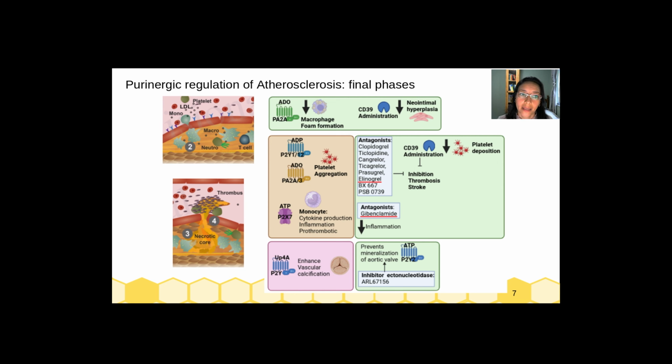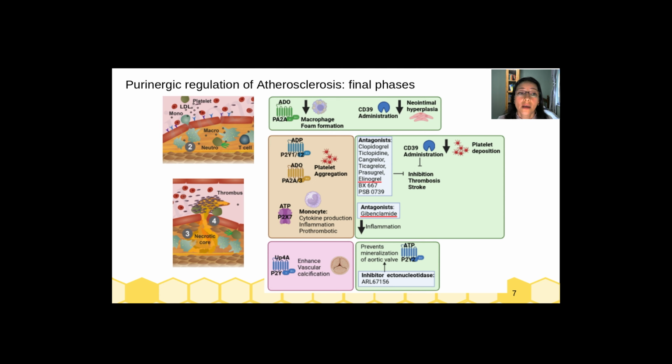The platelet aggregation is induced by ADP binding to P2Y1 or 12 receptors and by the adenosine interaction with P2A2 or 3 receptors. Moreover, ATP can activate the P2X7 receptor in monocytes, inducing cytokine production, inflammation, and a prothrombotic state.